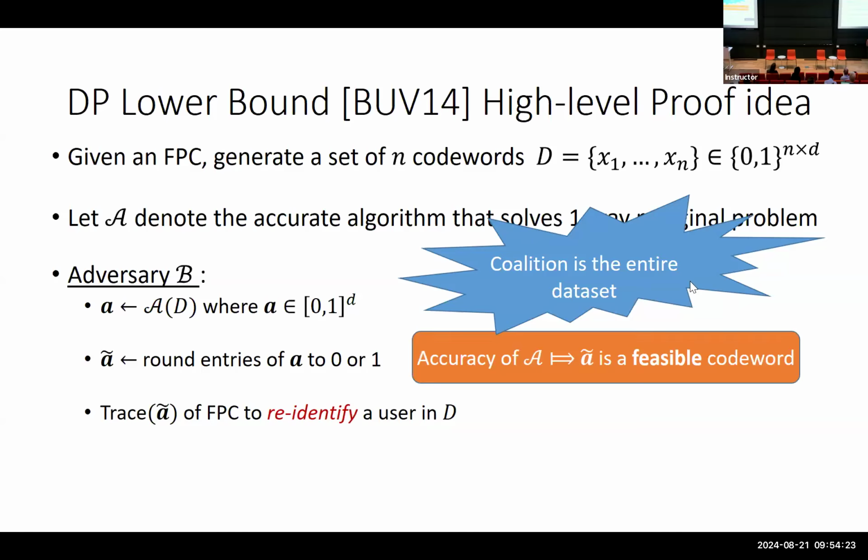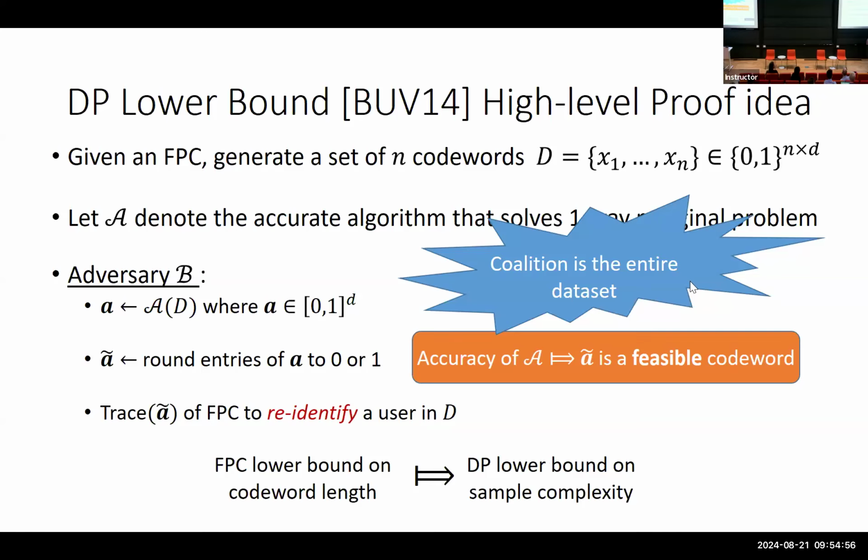And also, they show in the paper that the accuracy of A basically implies that the rounded output is a feasible code word. And remember, to use the trace algorithm, we need the combined code word to be feasible, and trace will give us someone in the coalition of n users in this case. Those two points mean that the trace algorithm can actually re-identify someone in D, and this violates privacy.